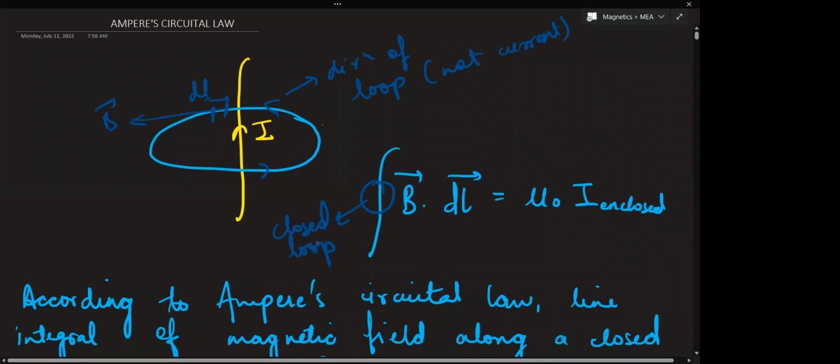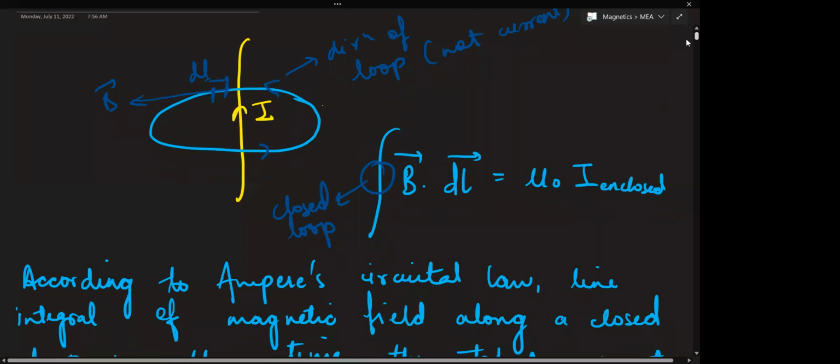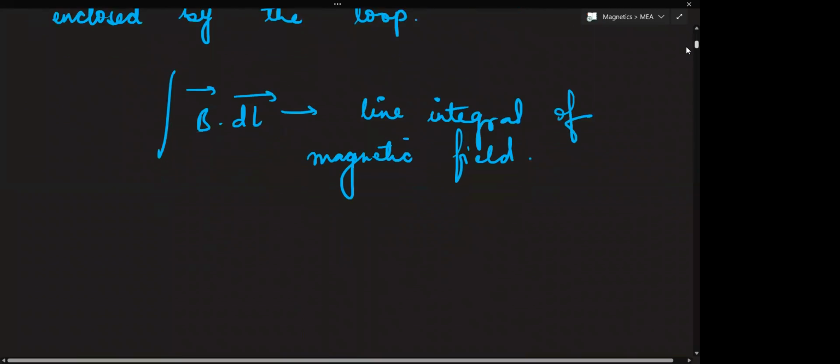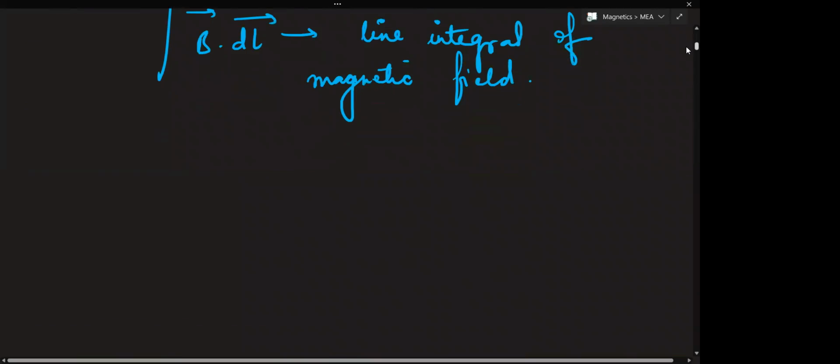So according to Ampere Circuital Law, you have the line integral of magnetic field, which is equal to mu naught times the current enclosed. For example, if we take this random figure, current I1 has this direction, I2 has this direction, I3 has this direction, and this is the direction of loop in the xy plane.